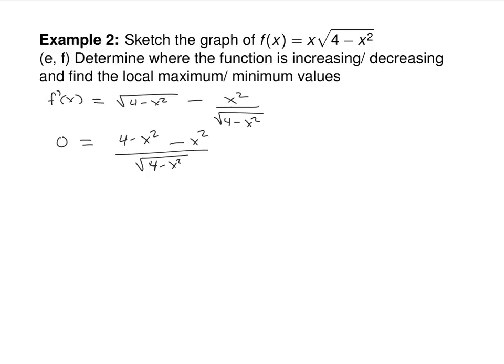And the denominator can go away, so who cares? 0 equals 4 minus 2x squared. Does that make sense? So 2x squared equals 4. x squared is 2, and technically x equals plus or minus root 2.